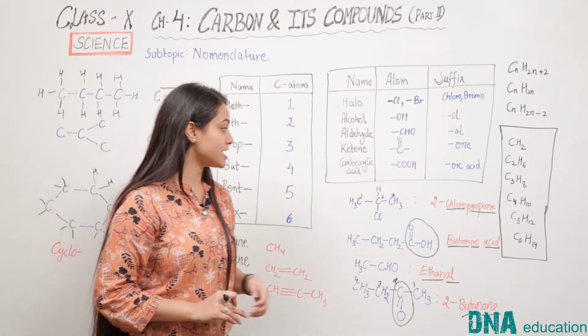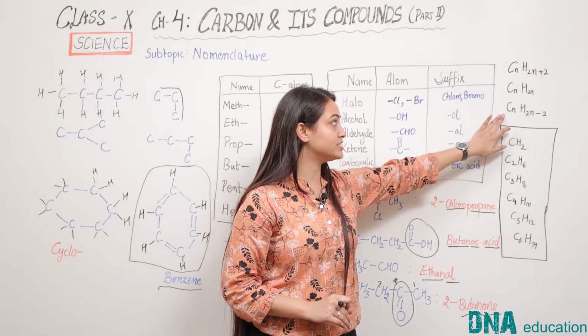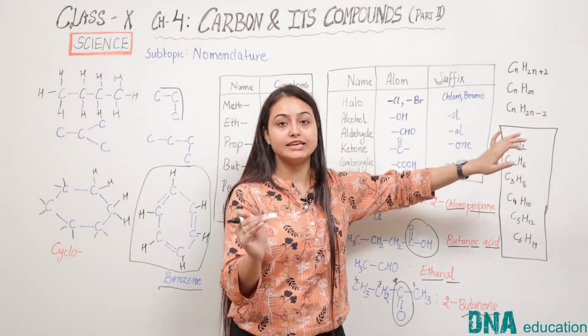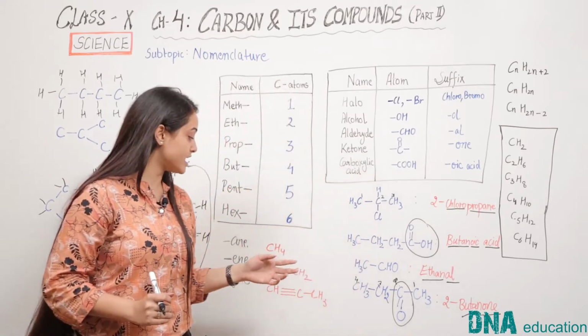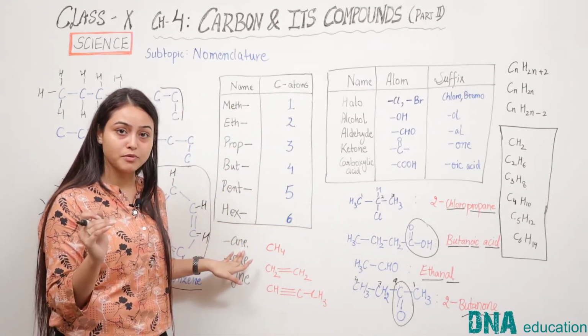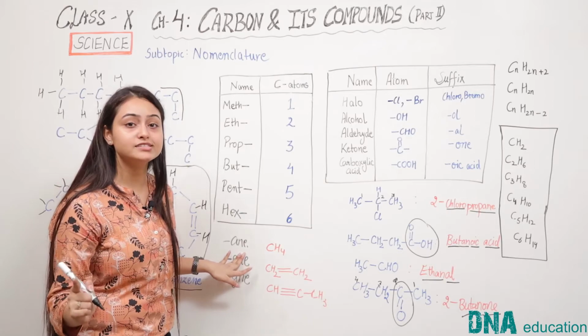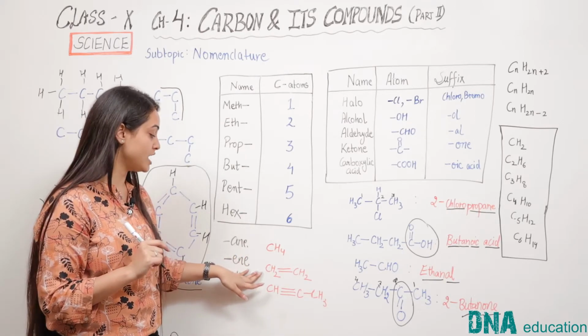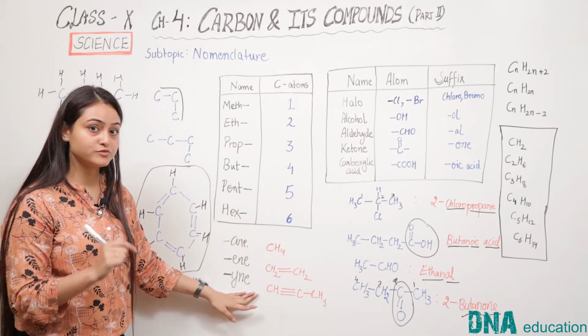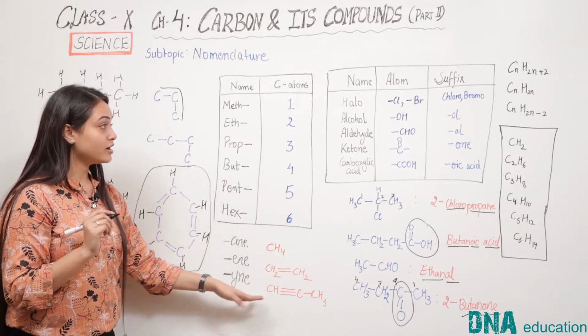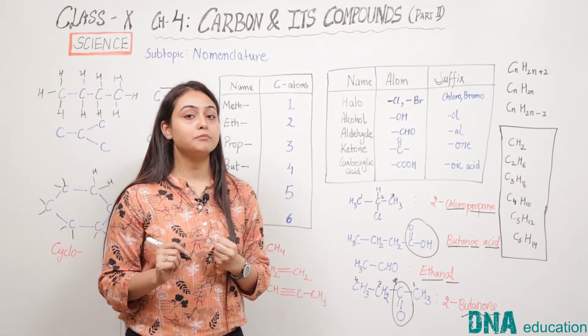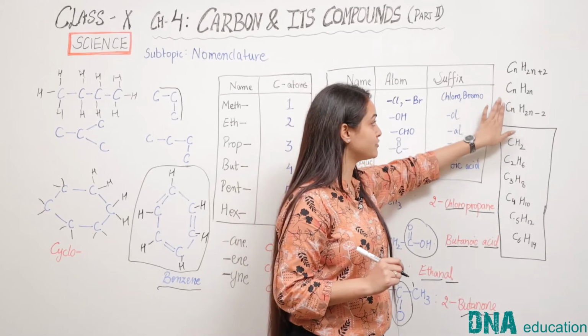Now let us understand some basic formulas relating to alkanes, alkenes and alkynes. Alkanes, as I said, are the carbon compounds with single bonds. Alkenes are the carbon compounds with double bonds, and alkynes are the carbon compounds with triple bonds. To get the formula of the desired compound, we have this basic formula.